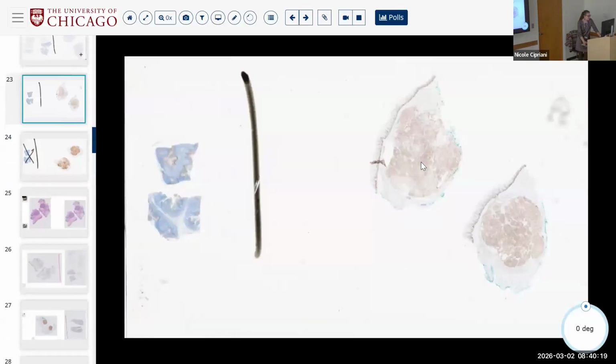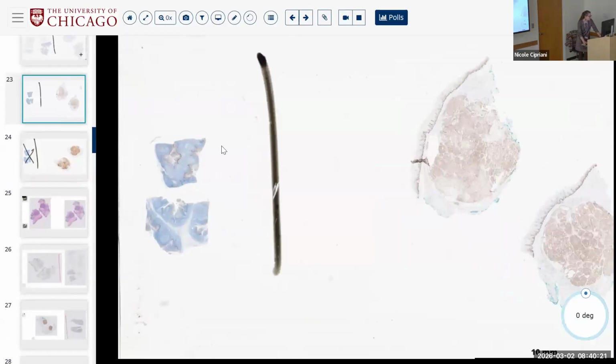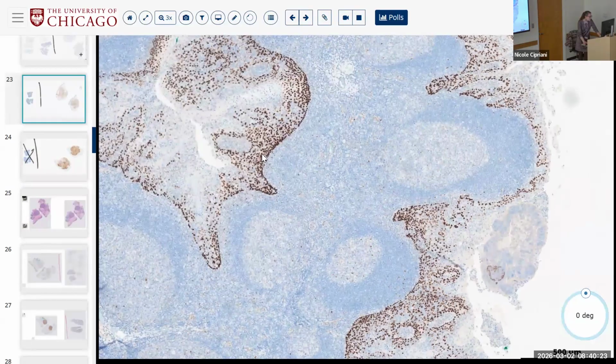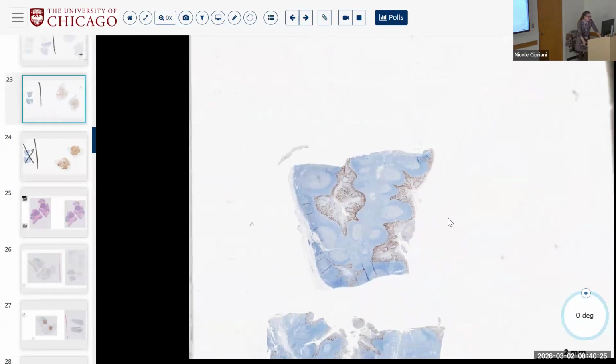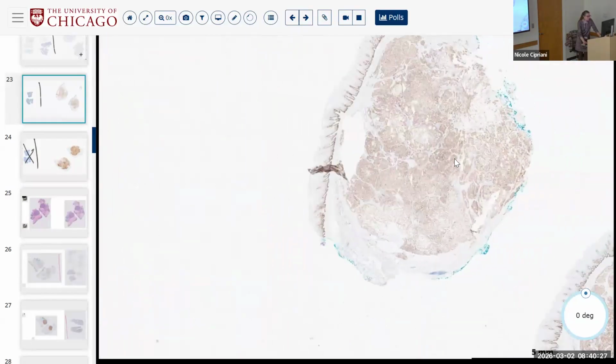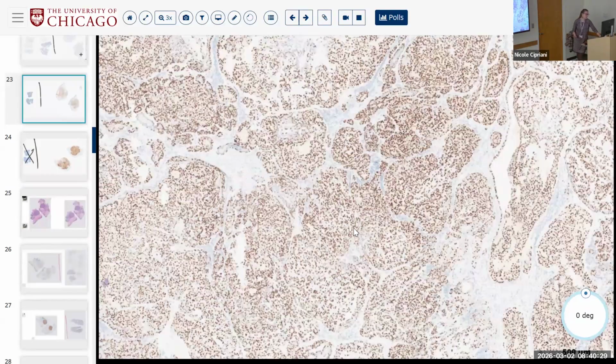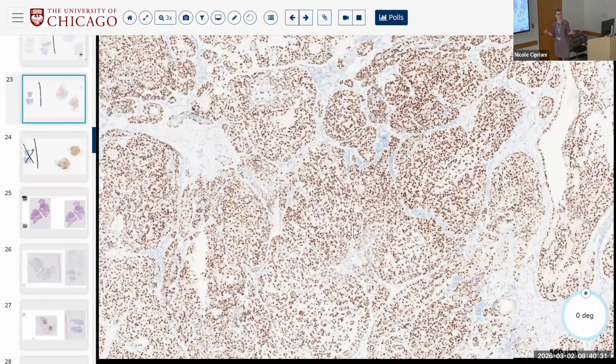All right, well then let's look at our P63. Yeah, so when you look at P63, that's a mismatch. That's a horrifying mismatch, right? So when you think about true myoepithelial differentiation in salivary tumors or squamous differentiation in salivary tumors, P63 and P40 match.